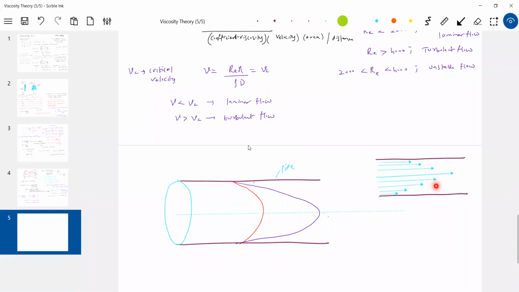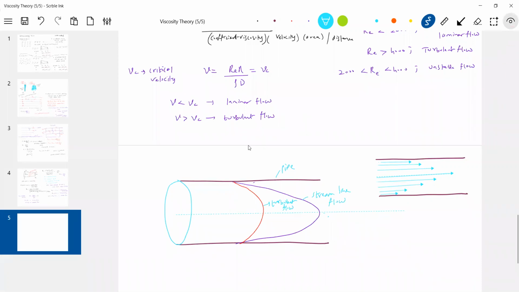Now what will happen? If the velocity difference between the layer at the edge and the axis is more, it will be streamline. If it is less, it should be turbulent. So this is streamline flow. Fine. So there's a basic condition we can put here.